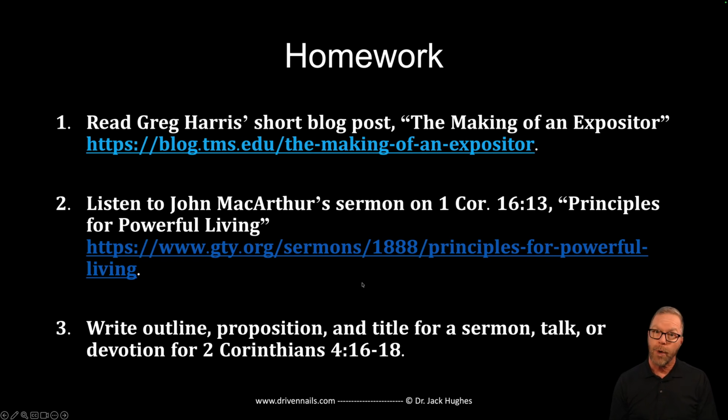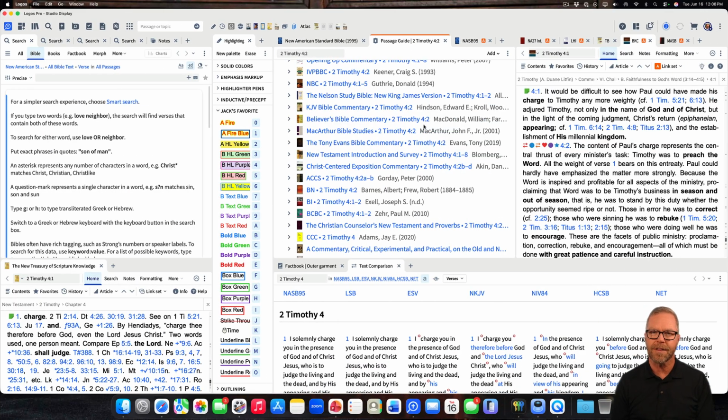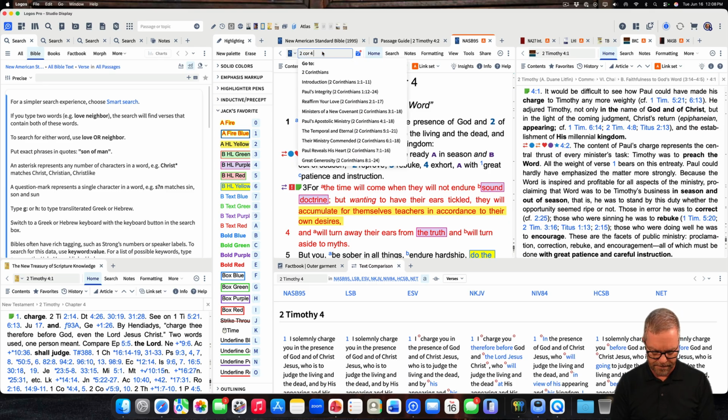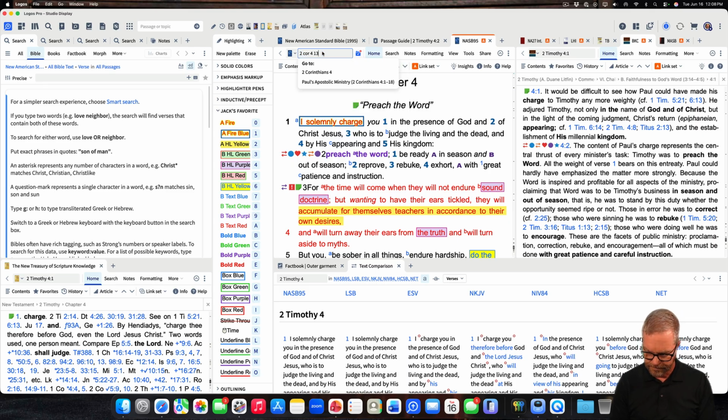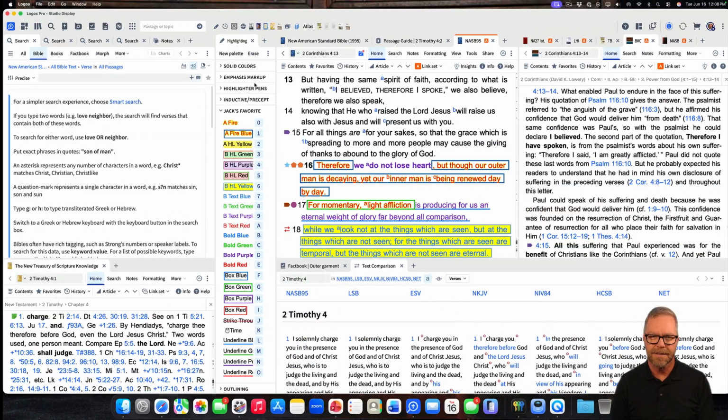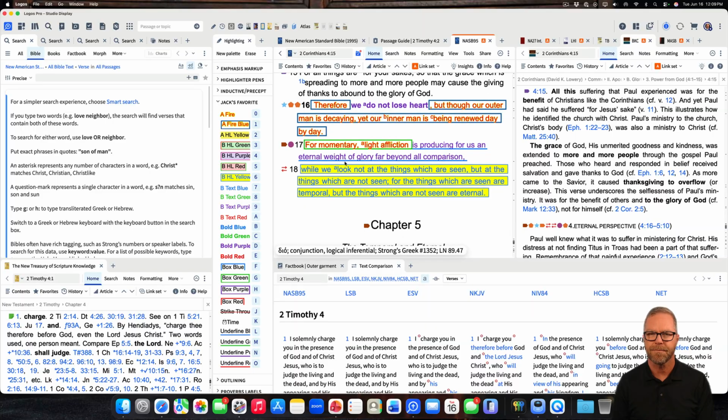Then write an outline, proposition, and title for a sermon, talk, or devotion on 2 Corinthians 4:16 through 18. Let me just go over there right now. There it is right there.